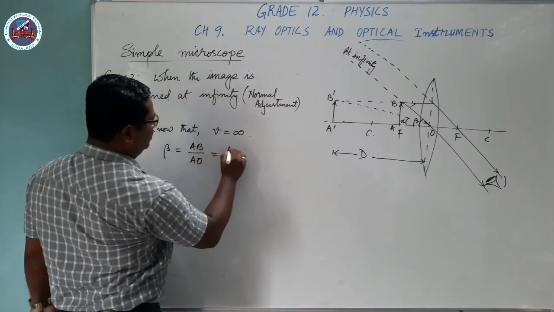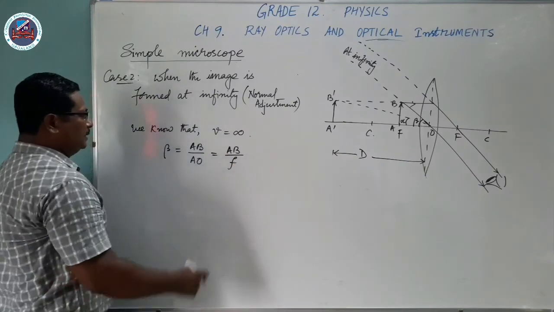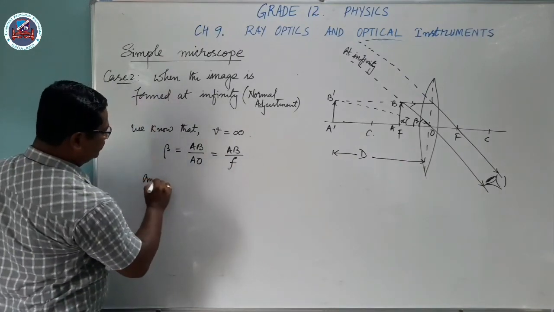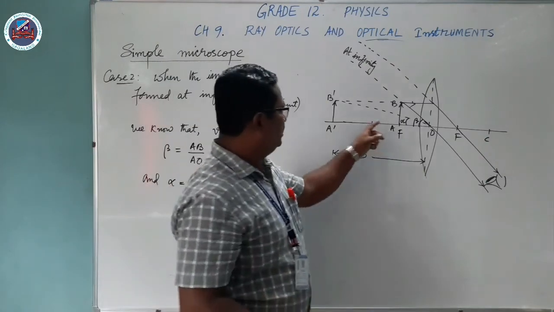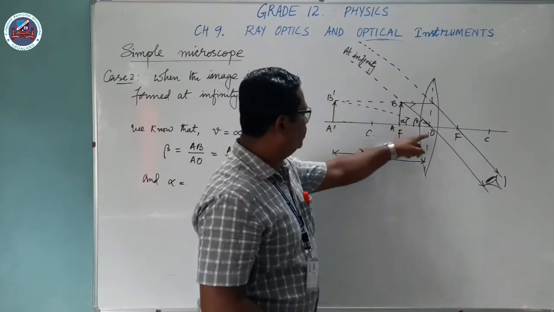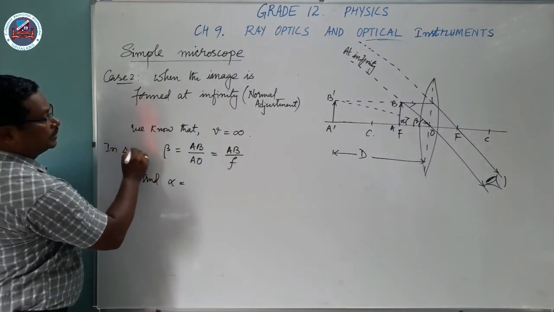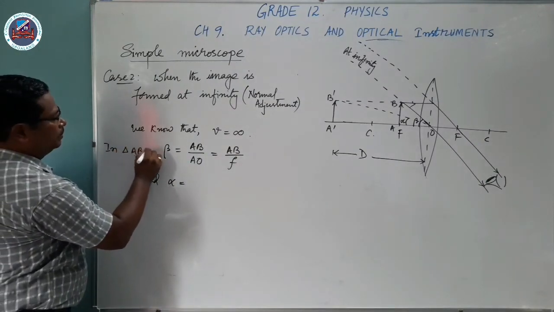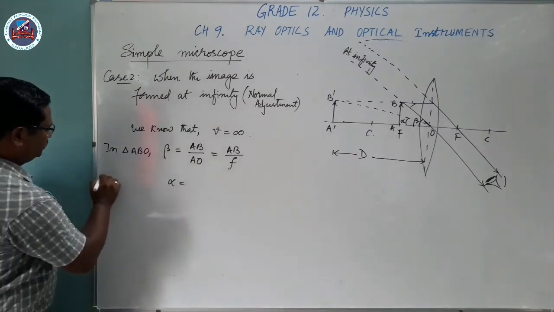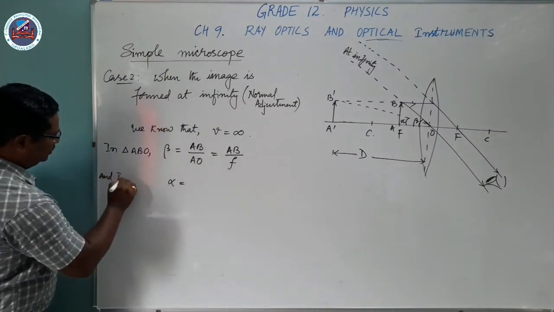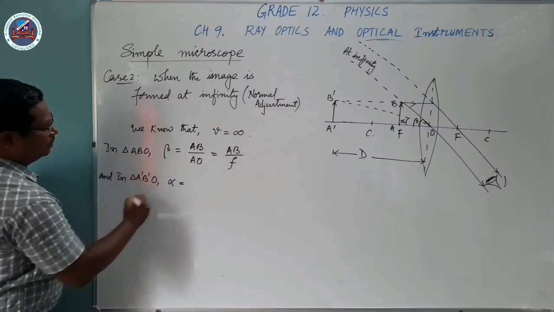So AB by FO, which is the focal length F, and alpha will be in this right triangle A'B'O. If you write it down, it's better: this one is in triangle ABO, and this one in triangle A'B'O.